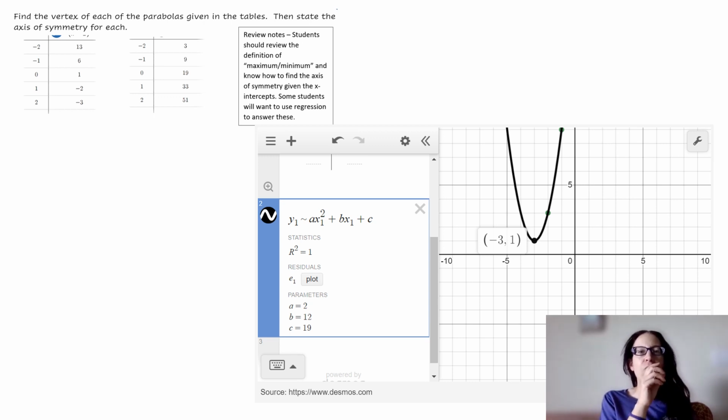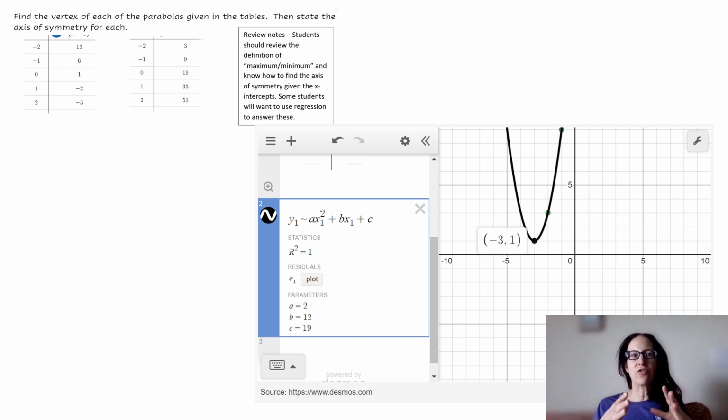Okay, so this is a big question. We're going to park ourselves on this slide for a little bit. Find the vertex of each of the parabolas given in the tables, and then state the axis of symmetry for each.